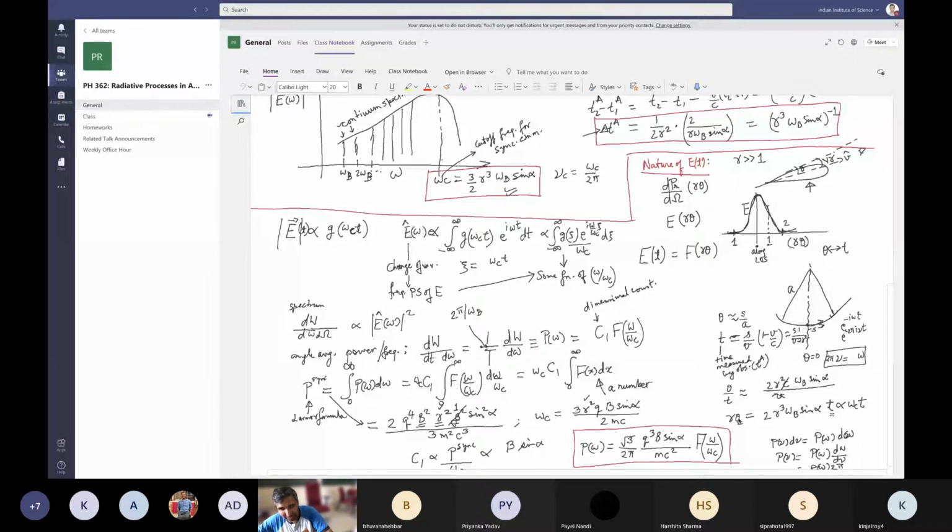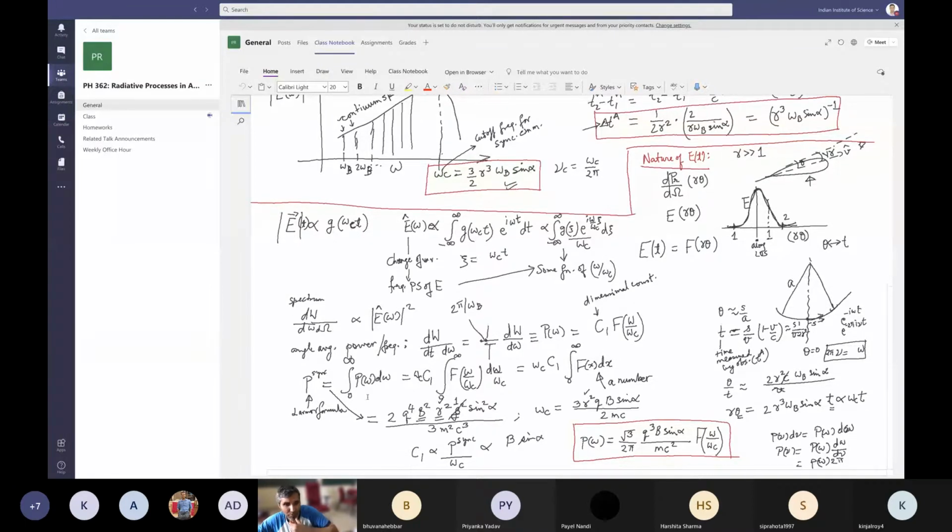So this particular form of angular and temporal dependence gives you a very powerful result. This is the spectrum, just the Fourier transform, the Fourier power, angular power, and then you divide by the time period to get power, energy per unit time per unit frequency.